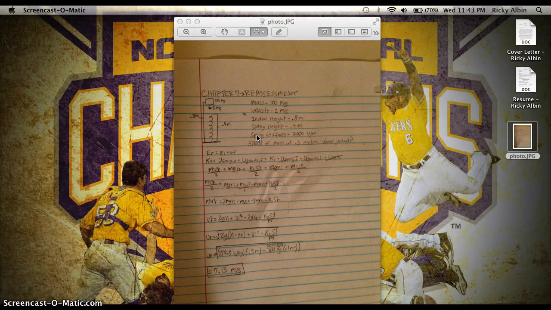So we'll start out with the energy principle, E_F equals E_I plus W. From there, we get kinetic final plus U spring F plus U gravity F, which is potential gravity, equals K_I.